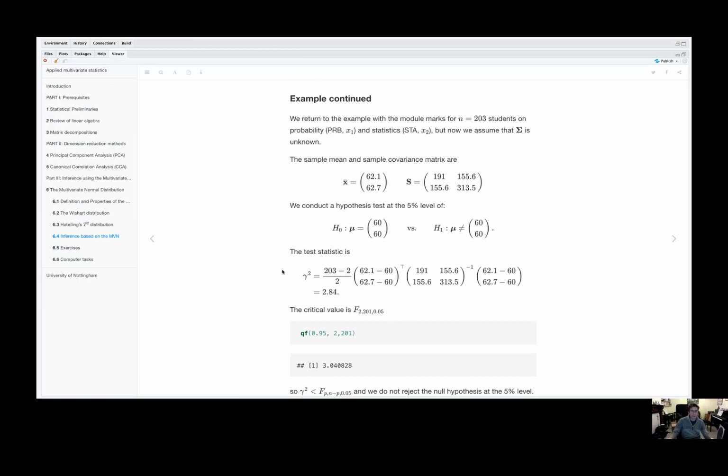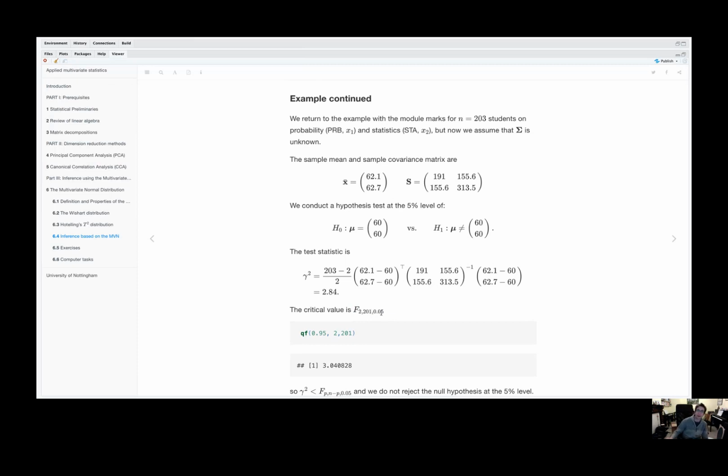So our test statistic here is gamma squared, which is n minus p over p, so 203 minus 2 over 2, times x bar minus mu naught, transpose, S inverse, x bar minus mu naught, and this gives us an observed value of 2.84. We're going to compare this to an F random variable with 2 and 201 degrees of freedom, so p, n minus p degrees of freedom.